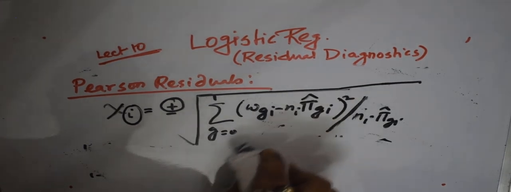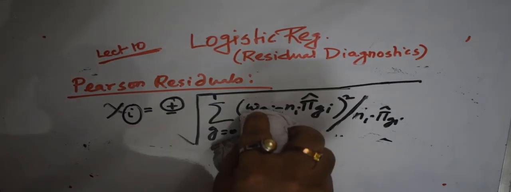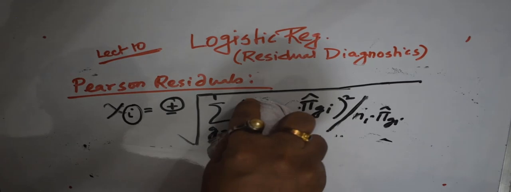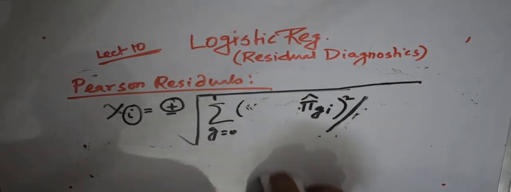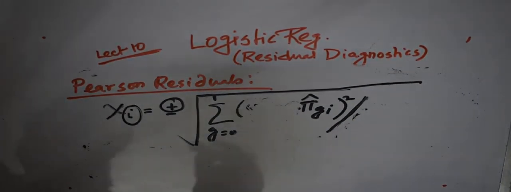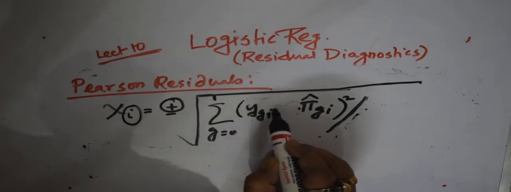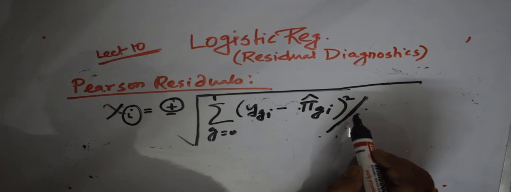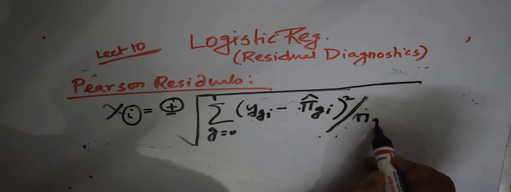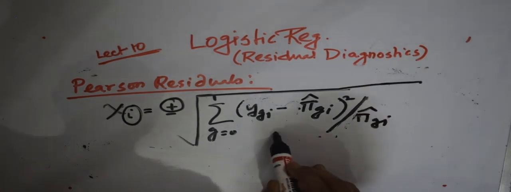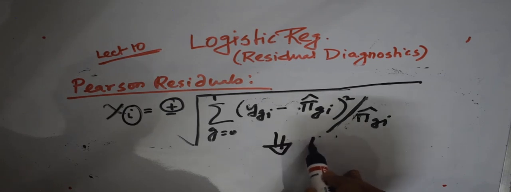The first homework is when, for the ungrouped case, you use (y_gi minus pi_gi hat) by pi_gi hat. So you check, this is your first homework.